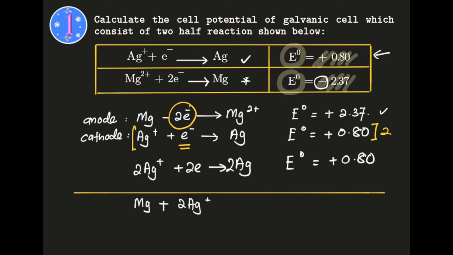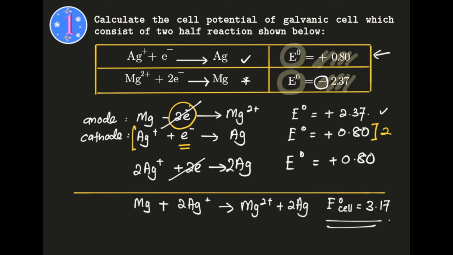So you have this 2 electron positive and negative 2 electrons, so you can slash them out. So you will have magnesium 2 plus 2 argentum. Therefore your E node cell shall be equivalent to just the summation of this, so you should get 3.17. Right, so this is the final answer for the first question.